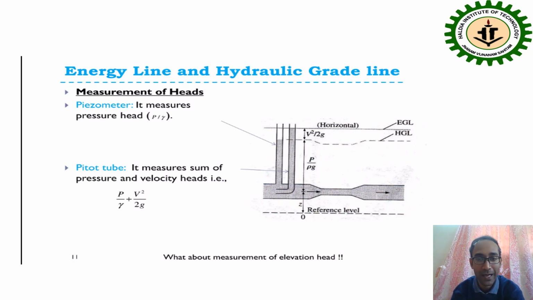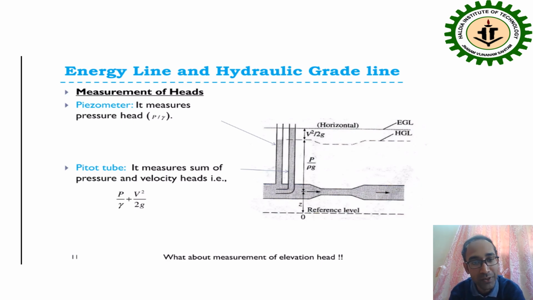In the slides we can see the piezometer is a vertical tube with a measurement scale, through which we can measure the piezometric pressure head, P by gamma. The upper line is the EGL, the energy grade line, and the lower dotted line is the HGL, the hydraulic grade line.